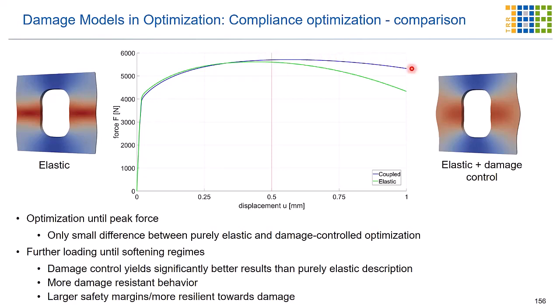Okay, so this is why it's important to consider damage already during the simulation and not only as a post-processing step. So we have a higher damage-resistant behavior, and we have larger safety margins towards damage here when we take into account damage during the simulation already.